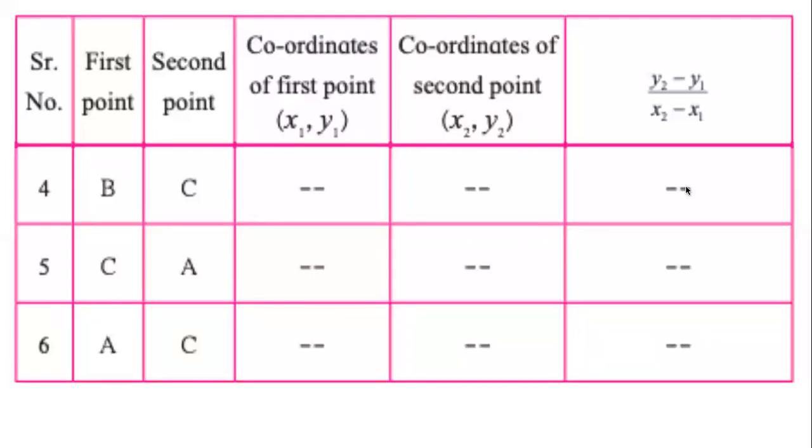If we take the example of B and C, I'm looking at the textbook to find the coordinates of B and C. You should also be trying this in your notebooks. If you are doing this in your textbook, then you should be using your pencil. Okay. So coordinates of B are (0, -2). Coordinates of C are (2, 1).